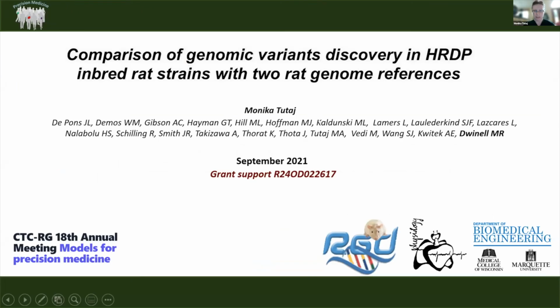My name is Monika Tutaj, and I'm a research scientist at the Rat Genome Database. Today I'm going to present some of the data from analysis of almost half of the hybrid rat diversity panel strains, which were sequenced and provided by Dr. Melinda Dwinell from the Medical College of Wisconsin.